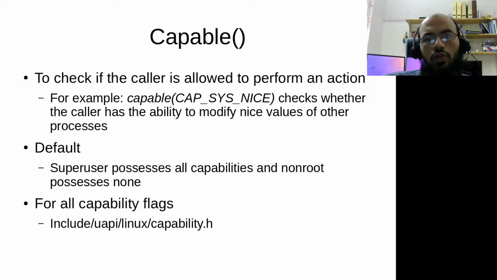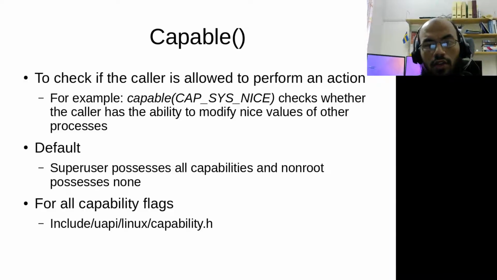So capable is the function that you would use to check if the user is allowed to make this change. For example, you have capable with CAP_SYS_NICE between parentheses: does this user have the capability to change the nice values of other processes?